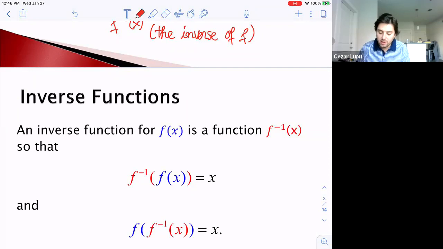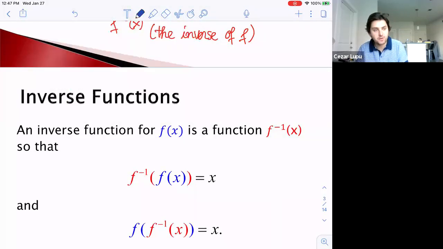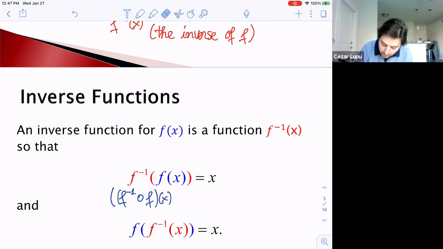In other words, since we learned last time about the composition of functions, this is nothing else than f inverse composed with f of x is x. So that's the condition. Let me write it here so that it's even clearer.